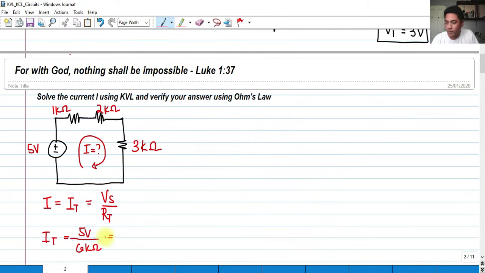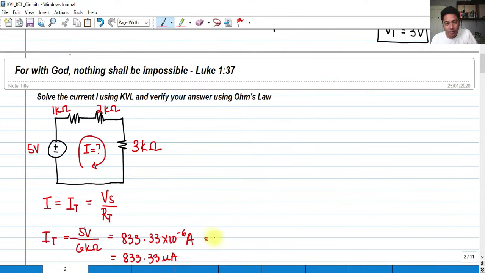The total current that we have is 5 over 6 kilo ohms, and that is actually 833.33 times 10 raised to negative 6 amperes, or in other words, 833.33 microamperes.